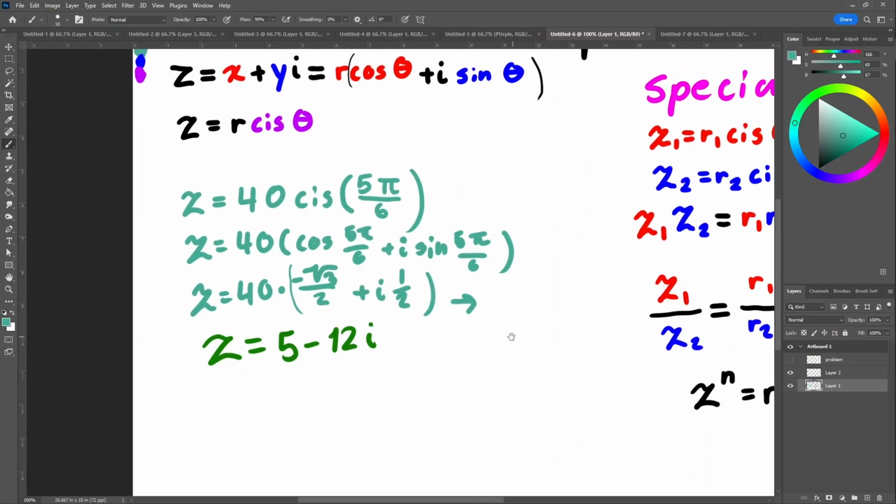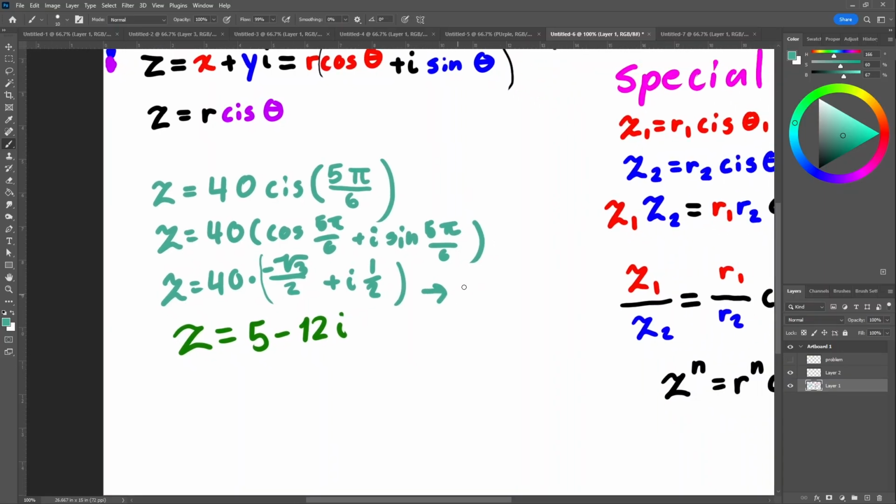And then just to tidy all that up, we get negative 20 root 3 plus 20i. And that would be our point in Cartesian form, or Argand form, because we're using imaginary, so it would be on the Argand plane. But that would be our answer there.